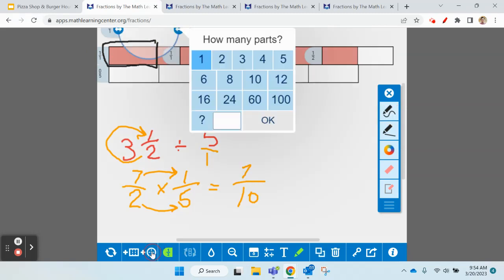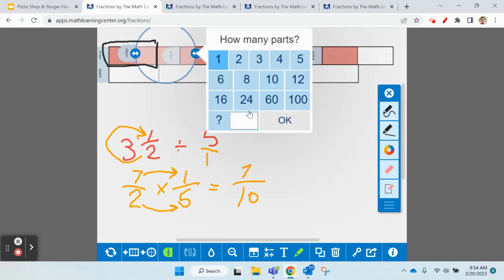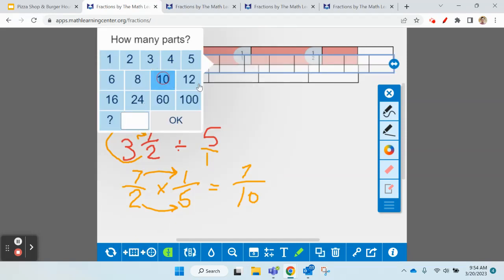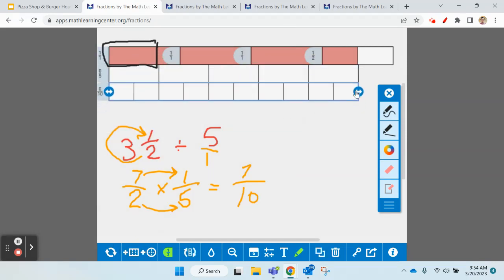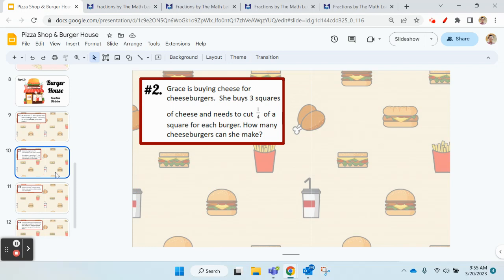Once we do the math, you can see that 7/10 should be enough. There you go, 7/10. But there's no way to really know that until you do this work. So make sure you complete your work and model, take a snippet, and paste it in your slides.